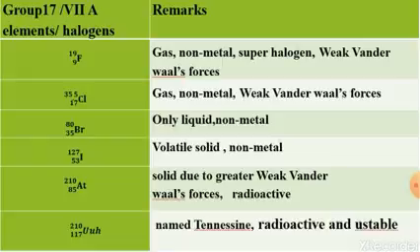The half-life of astatine having mass number 210 is 8.3 hours, and for one isotope of astatine, that having mass number 211, the half-life is 7.5 hours. So these are radioactive elements.